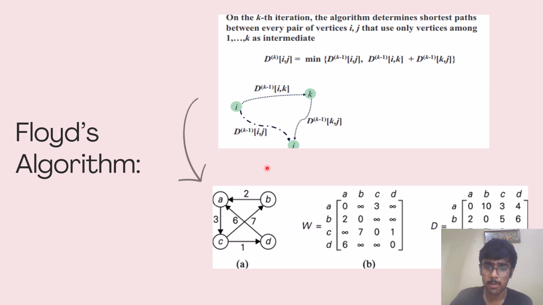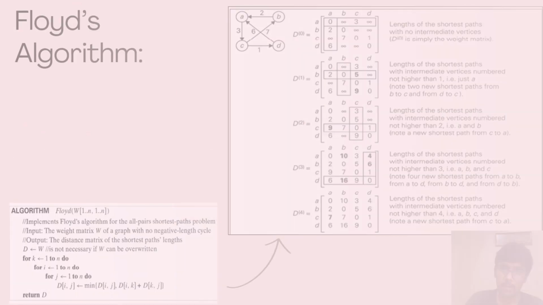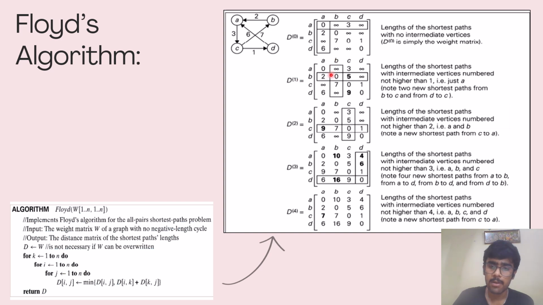Now let's learn how to solve the weight matrix and get the shortest path from each node to every other node by using Floyd's algorithm. Floyd's algorithm is also similar to Warshall's algorithm. First we'll take the weighted matrix and represent it as D of 0, and by using D of 0 we'll find D of 1. In D of 1 we will place the 0th row and the 0th column the same as in D of 0.